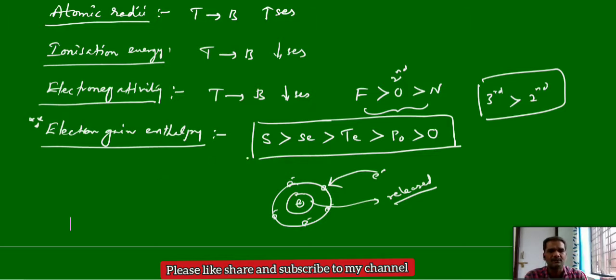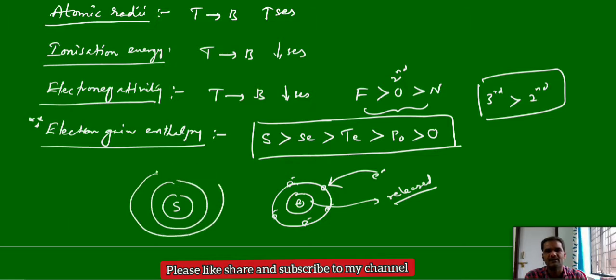But in the case of oxygen and sulfur, oxygen's size is very small, whereas sulfur's size is more, and in the valency shell of sulfur we have d orbitals. D orbitals can accommodate almost 10 electrons, but in oxygen we have only s and p orbitals, which can accommodate only 8 electrons.